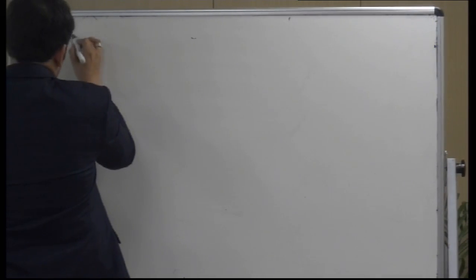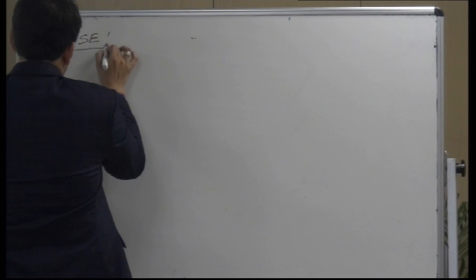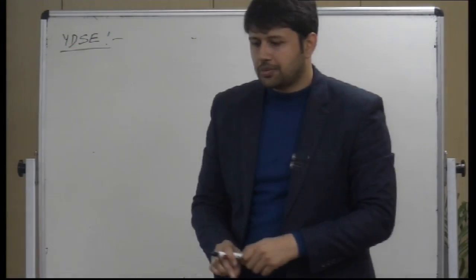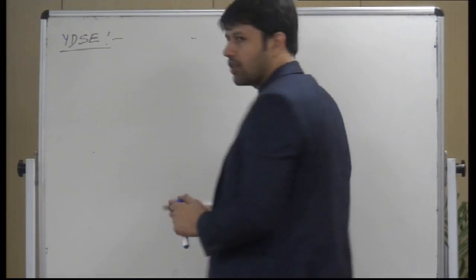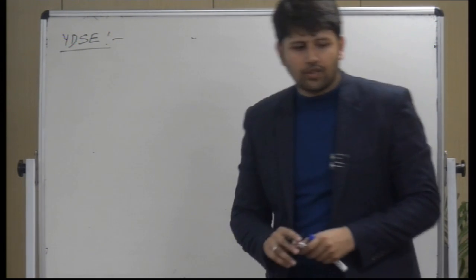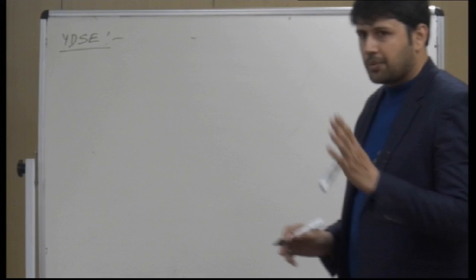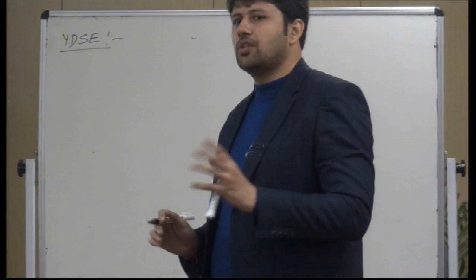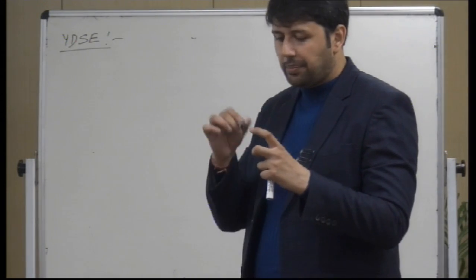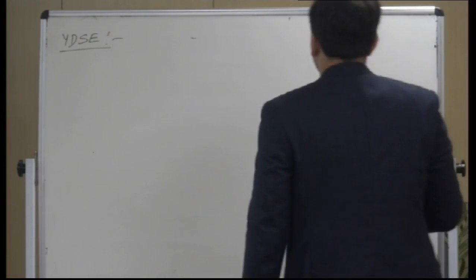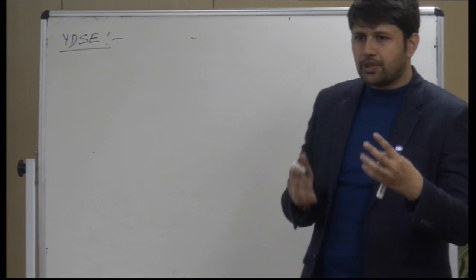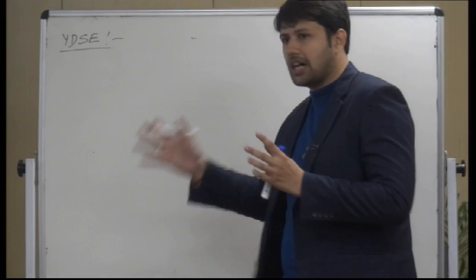Now let's discuss YDSE, Young's double slit experiment. Initially what he did, he took a cardboard and made a pinhole in it. From that pinhole he allowed light to enter into a dark room.